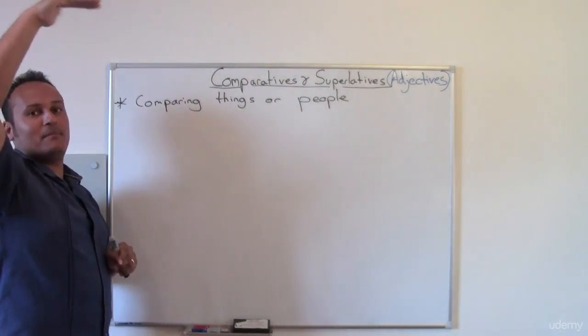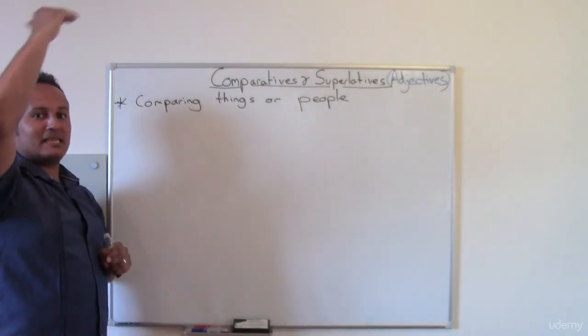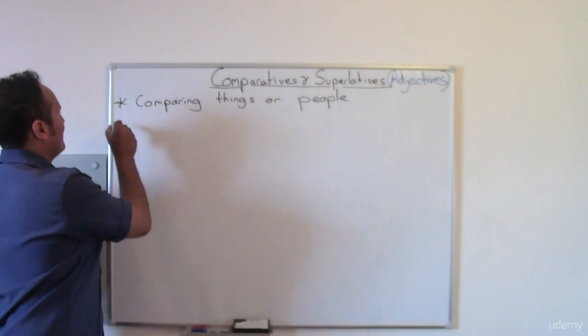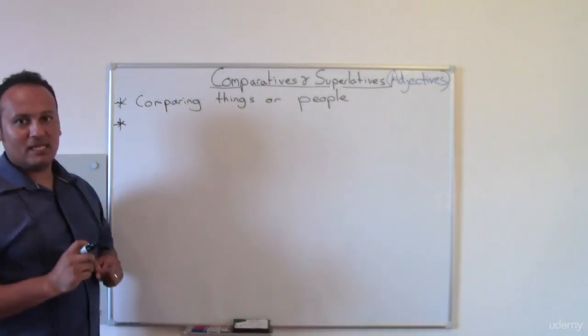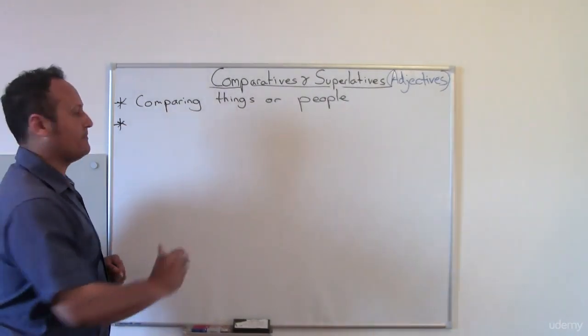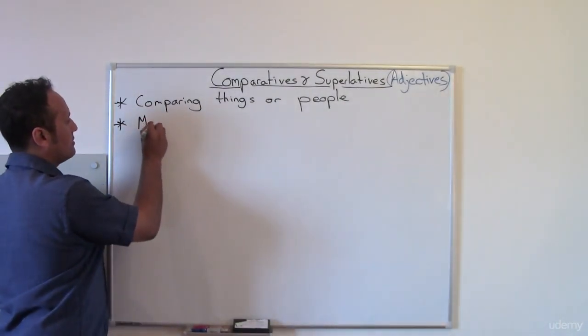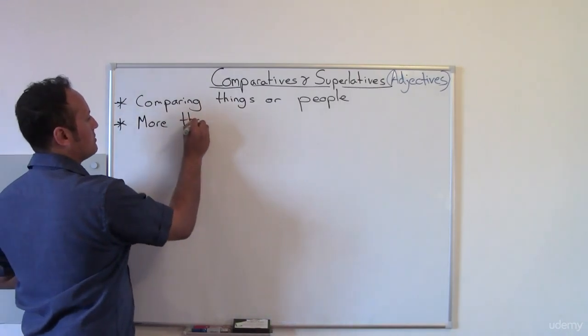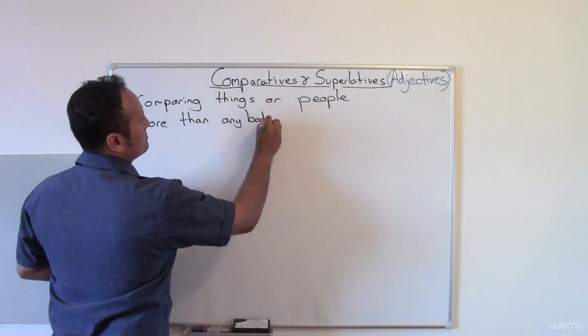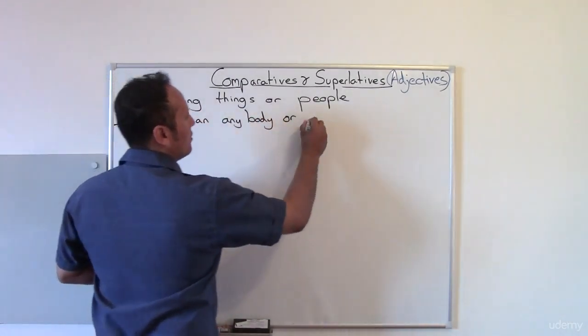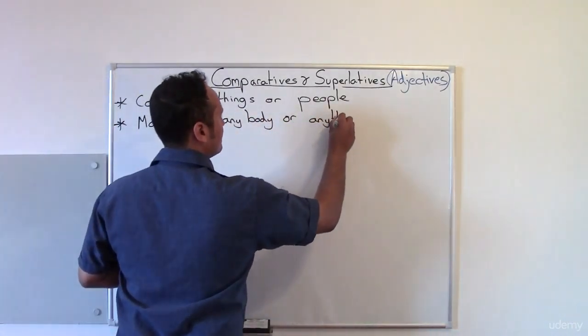It is the maximum for this group. And that's why we use the superlative. The superlative is to say that this is more than anybody or more than anything else.